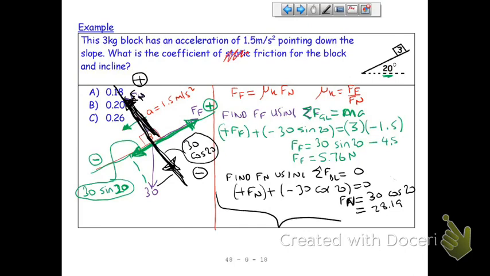And then just to rush through this, so mu is equal to Ff over Fn, which equals 5.76 over 28.19, which equals 0.204. And there we have it.